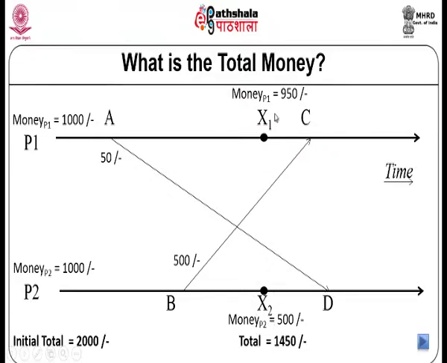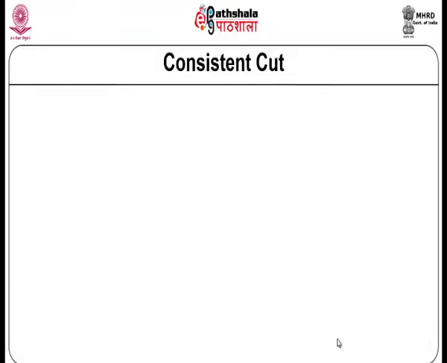If we take a snapshot at this point in time, then our overall total is 1450, and that is not the total amount of money. So, we need to get what is known as a consistent cut.